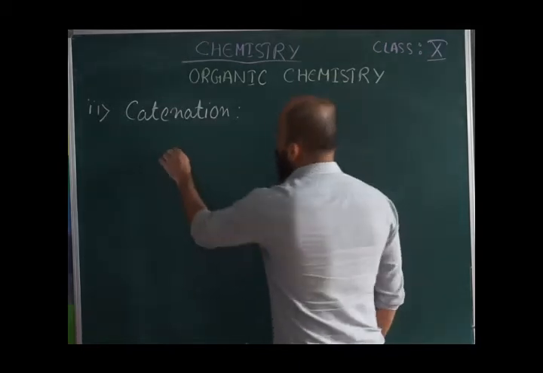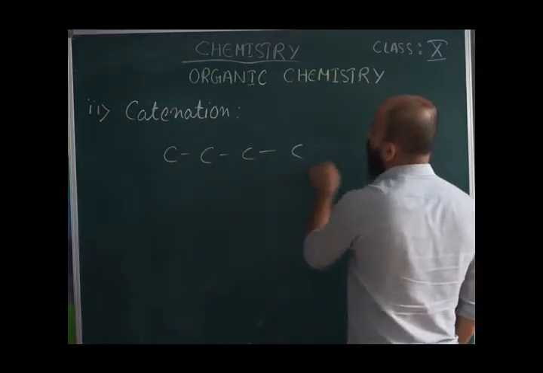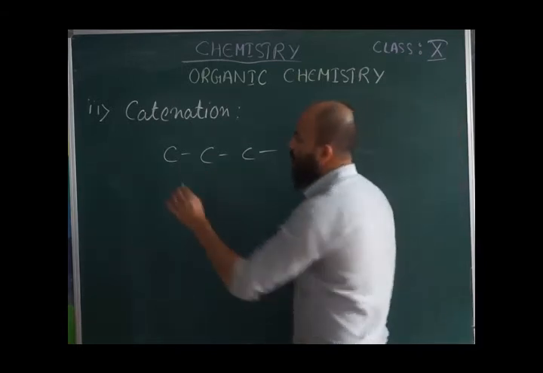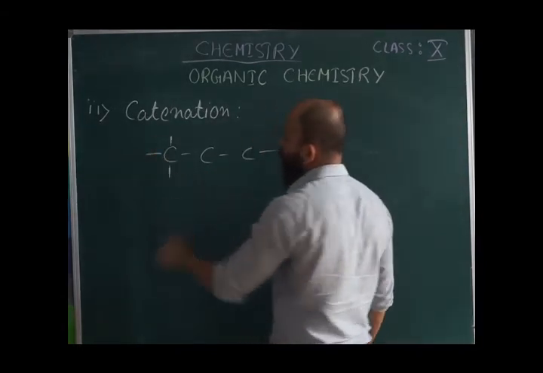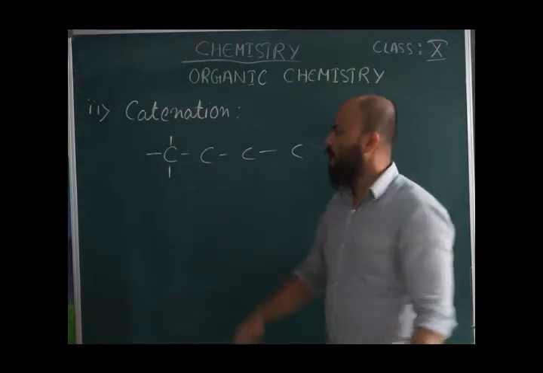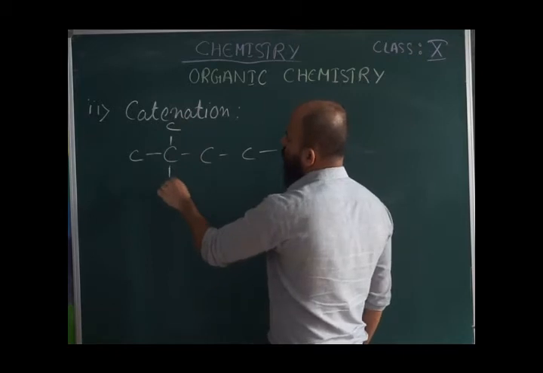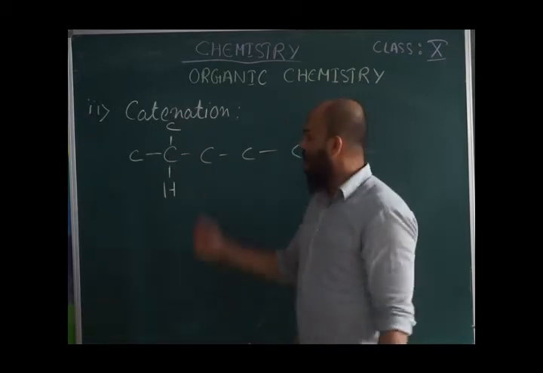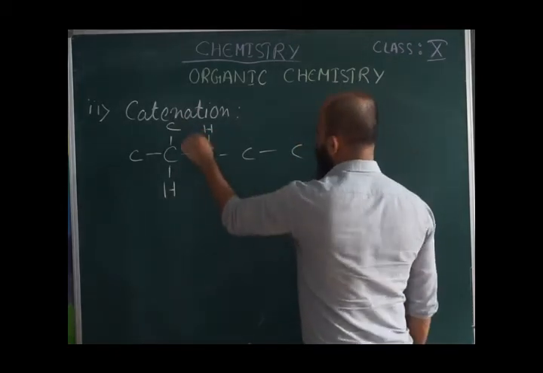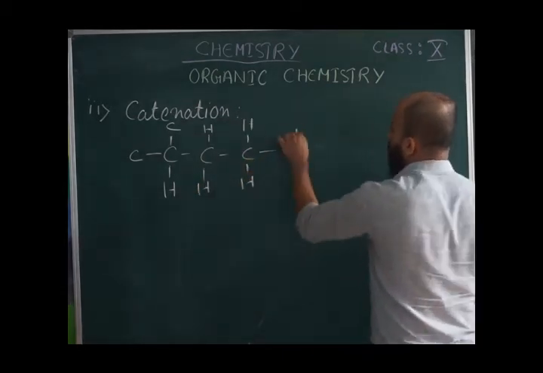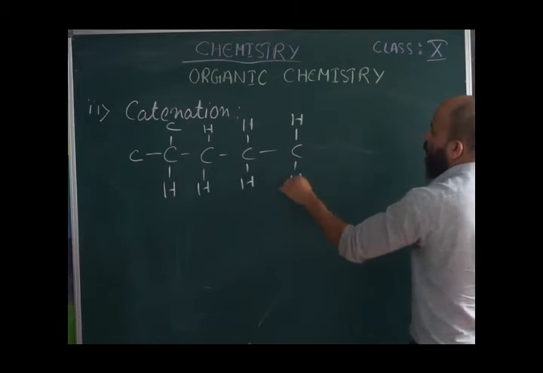Here you can see carbon can form a long chain, and you have to remember the valency of each carbon has to be 4. So this side it could be carbon, this side also it could be carbon, it could be hydrogen, depending upon the compound we are discussing.